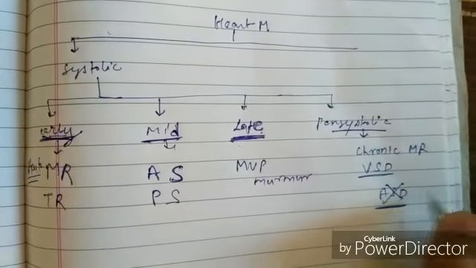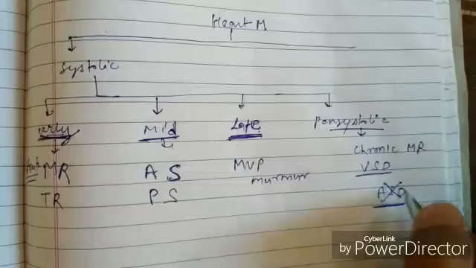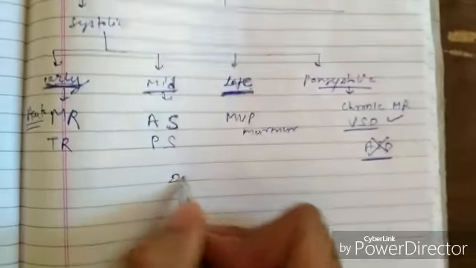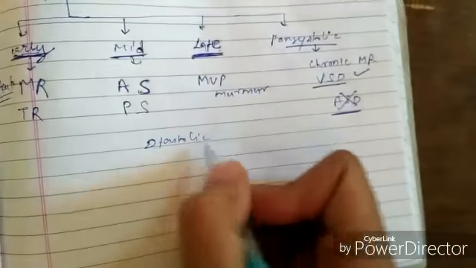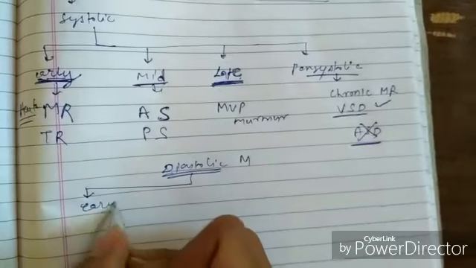This does not occur in ASD, because in the atria there is no such pressure difference. In chronic MR it occurs because the mitral valve is chronically damaged and will regurgitate in the whole of systole. So pansystolic murmurs occur in chronic MR and VSD.